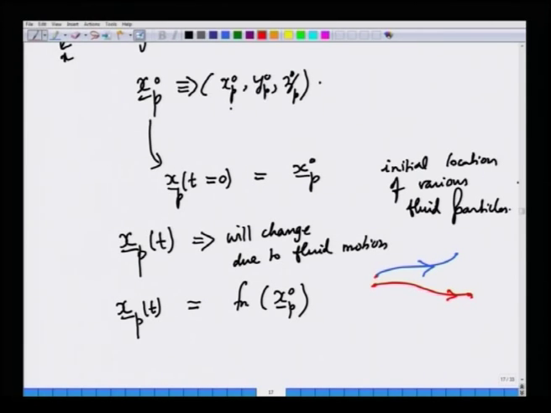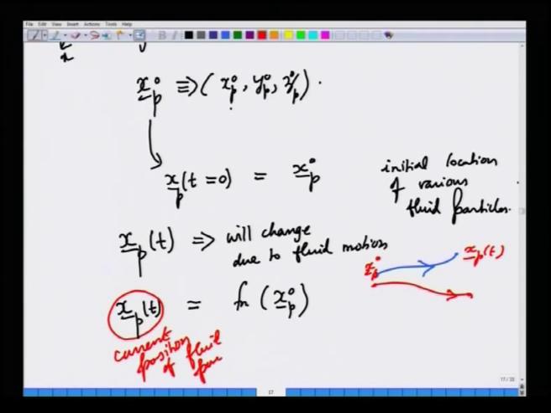Each point which started out initially at x_p0 will eventually reach a unique x_p at time t. So, the current position of various fluid particles will be a function of their initial positions.